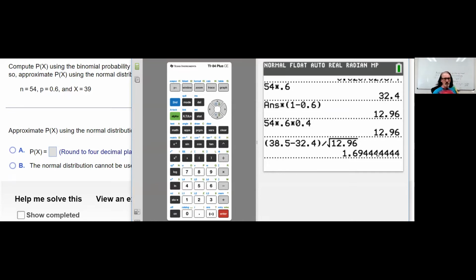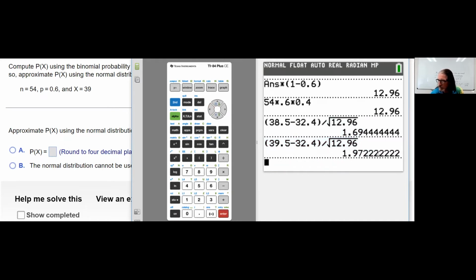And then change the 38.5 to the 39.5. And that, to the nearest hundredth, 2 places, is 1.97. So I could look this up on a table.